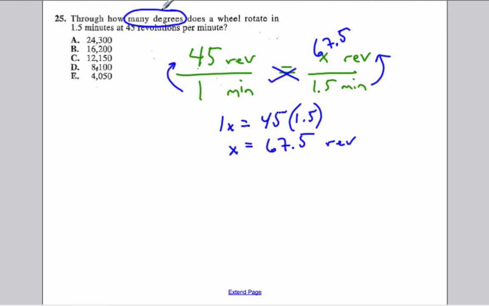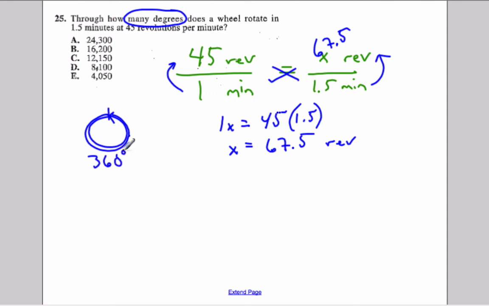So what happens is we got to realize, well, a revolution means it's started. It's like a bike tire. It's gone around once and gotten back to the beginning. That's one revolution, which is going to be 360 degrees.